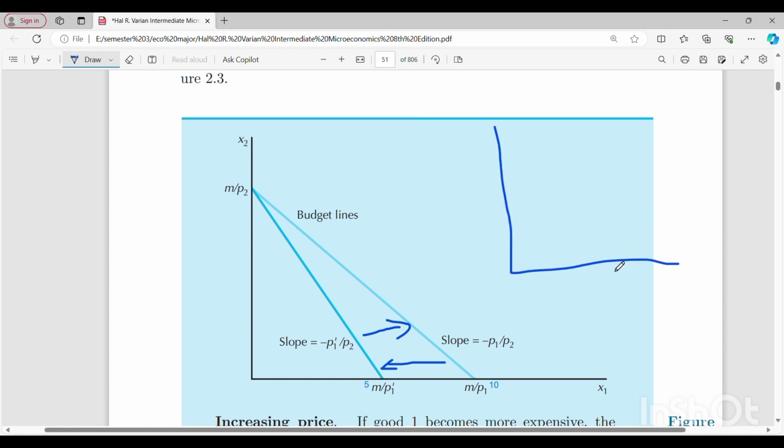So this is the first price, A and B. So this is a decreased price, so the budget line will be like this, and when the price was increased, the budget line will be like this. So this is steeper and this is flatter. That's it.